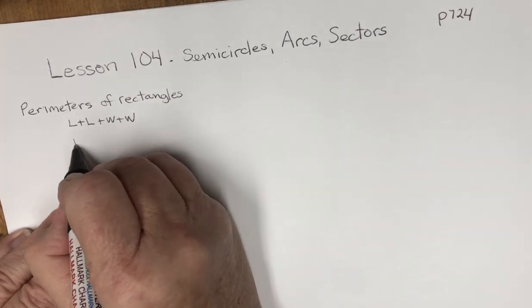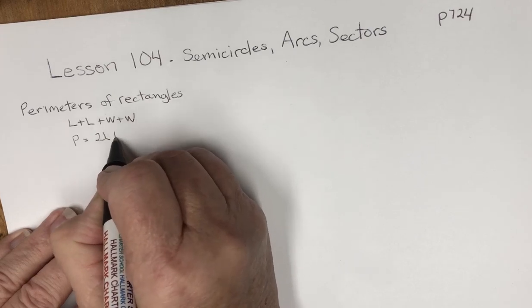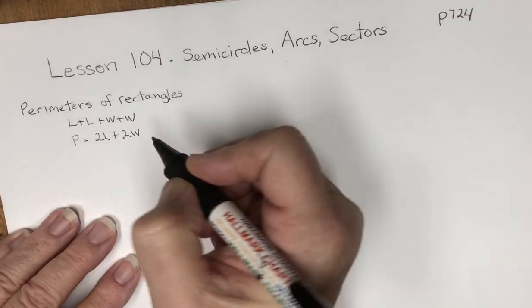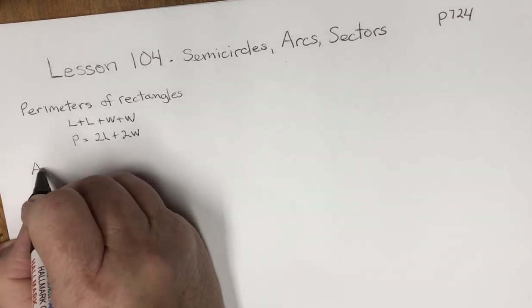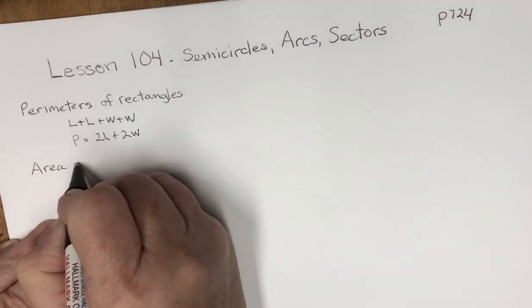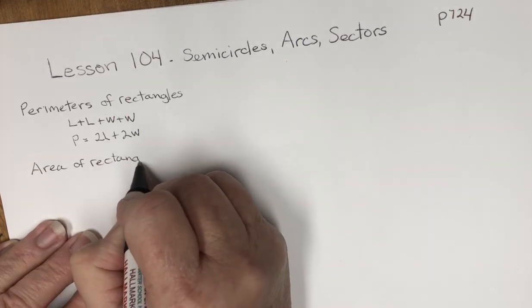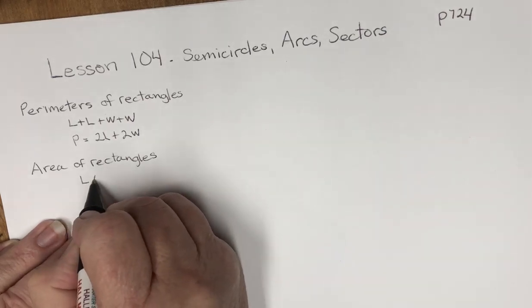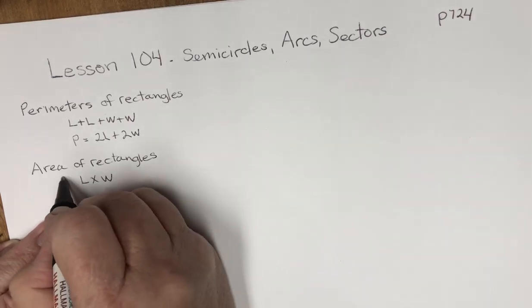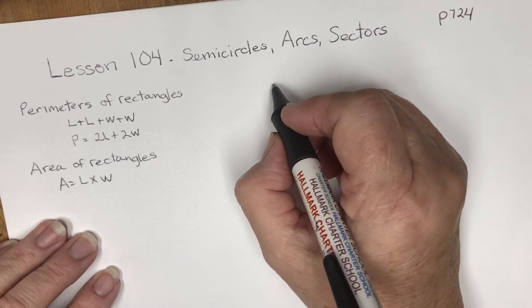Or another way to look at it is the perimeter equals 2 times the length plus 2 times the width. And the other thing they're going to be asking us is going to be area of rectangles. And everybody knows how to do that one too. Area is length times width. That one's easy. We're not as familiar, but we've all done it.